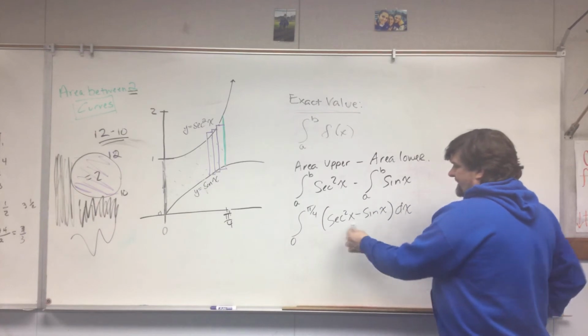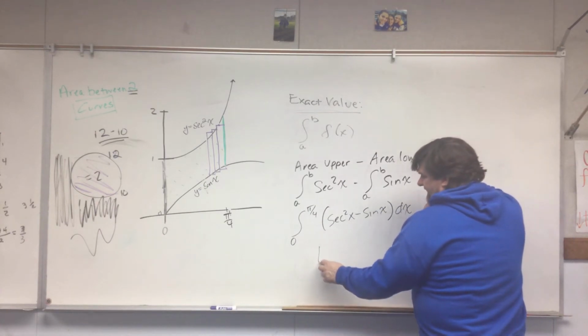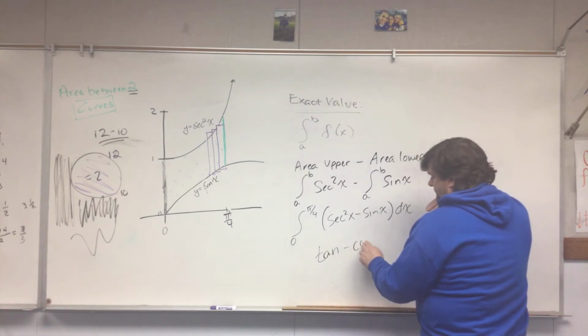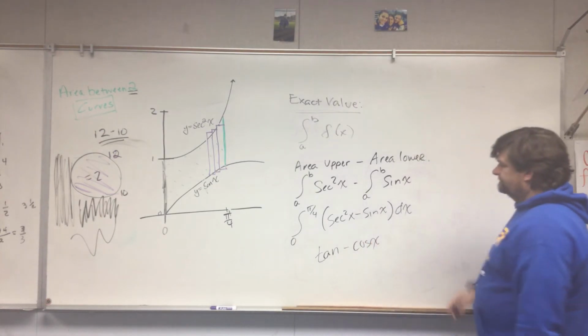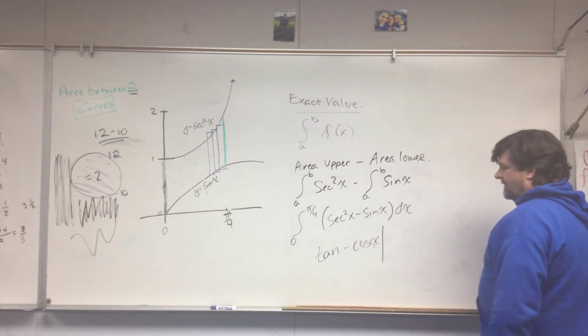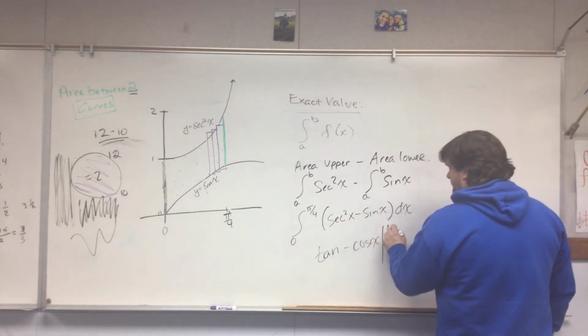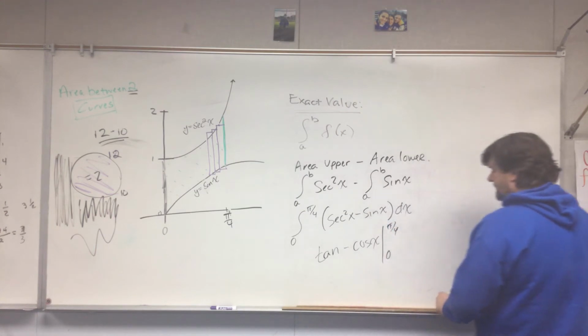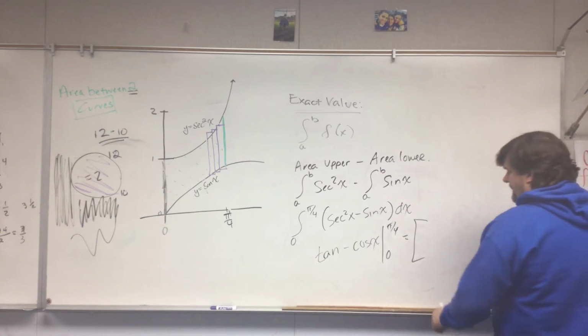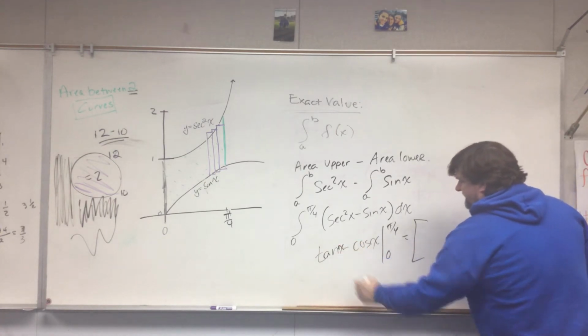So if I integrate this, I believe I get tangent x minus cosine x. Okay? And I'm going to evaluate that from pi over 4 to 0. So let's take that thing, and oops, that's an x right here, guys.